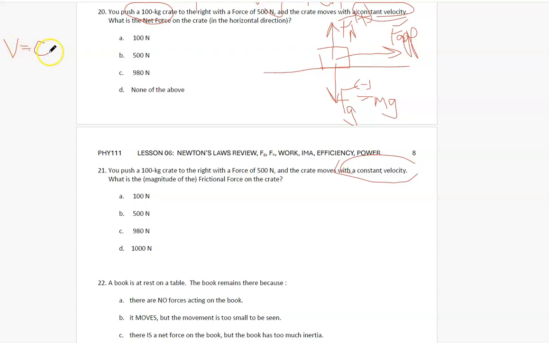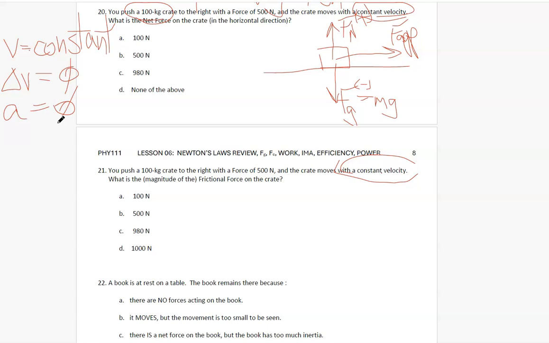What do I know from that? Well, it doesn't matter whether it's constantly 0 or constantly something. If it's constant, that means the velocity is not changing. That is, the change in velocity is 0. If the velocity is not changing, then there can't be any acceleration. So the acceleration is 0.